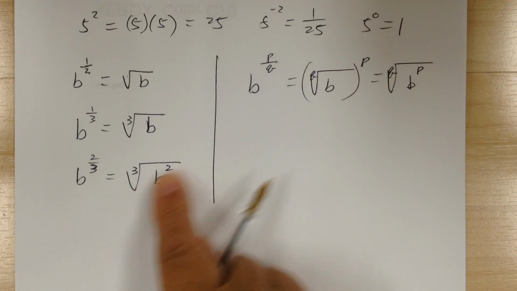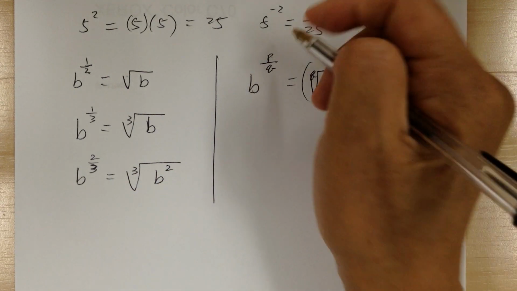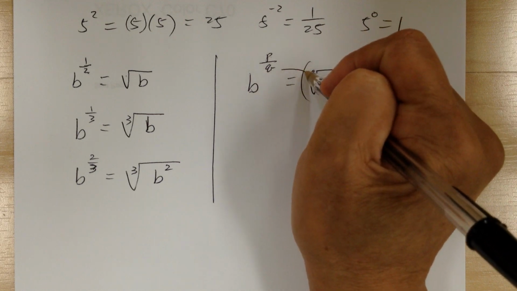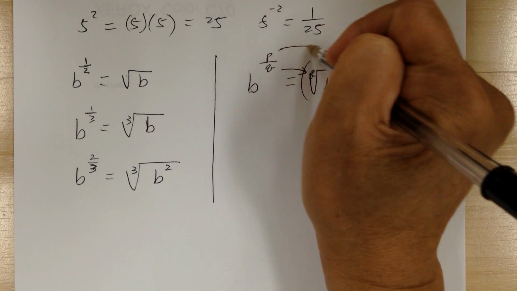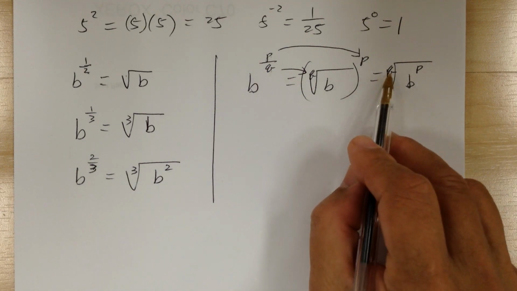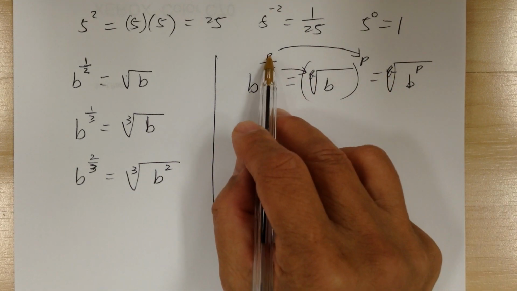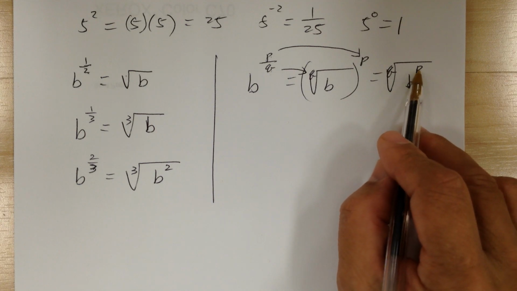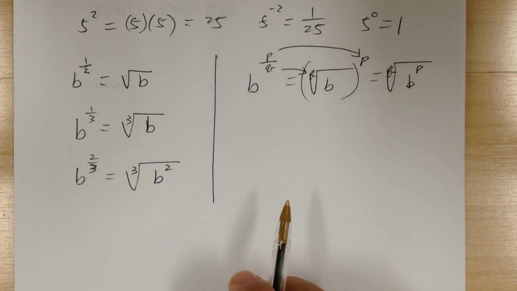So that's what we're talking about right over here. Again, the denominator is your index, and the numerator is your exponent. So the denominator goes on the index over here, and the numerator becomes the exponent over here.